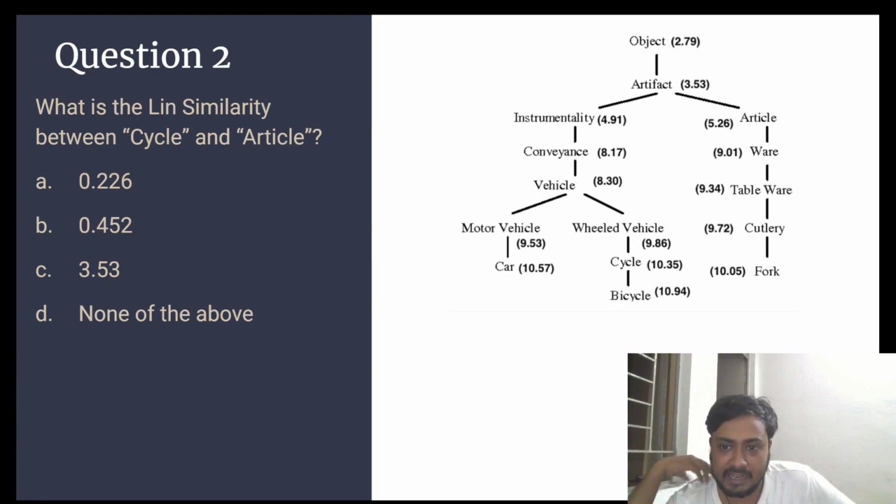Do we use the IC values here or do we use the log values for calculating Lin similarity? IC values only. Basically IC and the log values are related, but how does the formula look for calculating Lin similarity? IC of LCS upon the individual ICs.